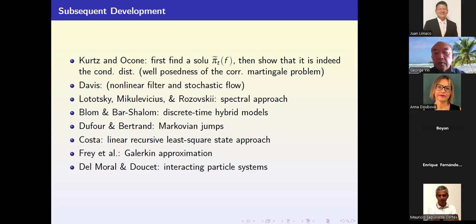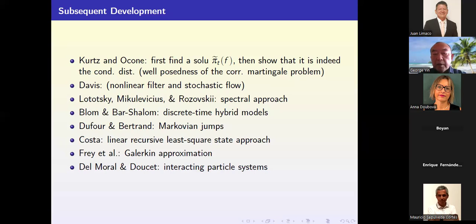They said first find the solution for the unnormalized conditional density or expectation, and then try to show that it is indeed the conditional distribution. Their approach is essentially a martingale problem formulation, because Tom Kurtz is an expert in that area.